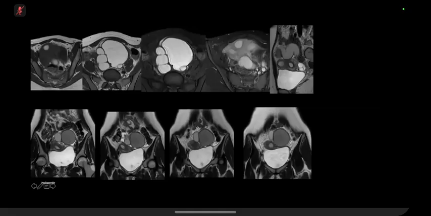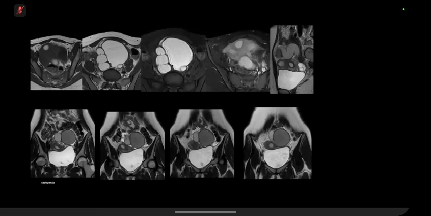Good. And then on the lower slices, which are all T2, I can see on the coronal that there are bilateral adnexal lesions, well defined. The one on the right appears iso-intense, and the one on the left has a single septum, no solid elements, but again is hypo-intense to iso-intense.